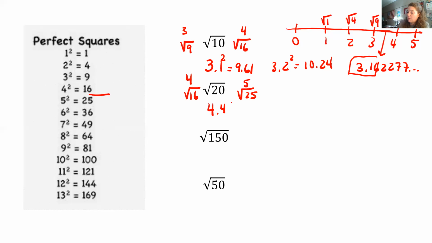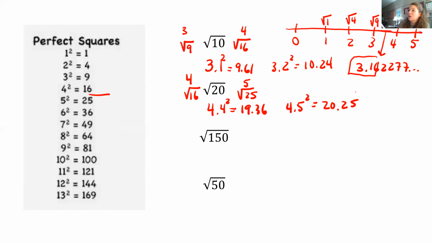So I wonder what 4.4 squared is. It's 19.36. So 4.4 squared is 19.36. And then let's try 4.5 squared. Just see what that is. Well, that's 20.25.